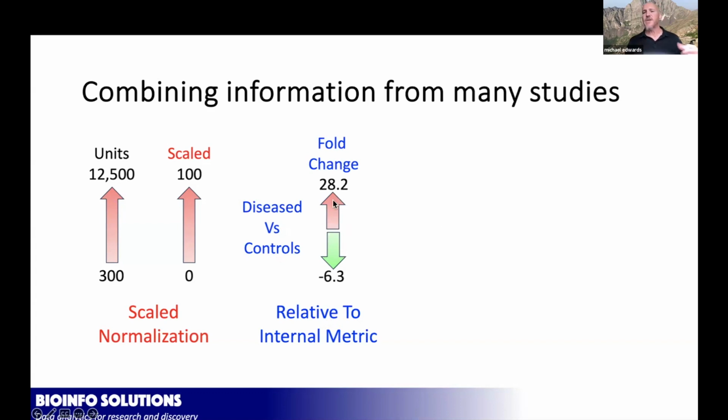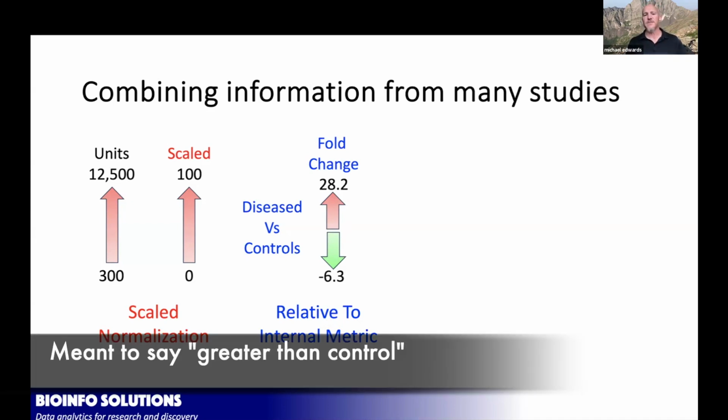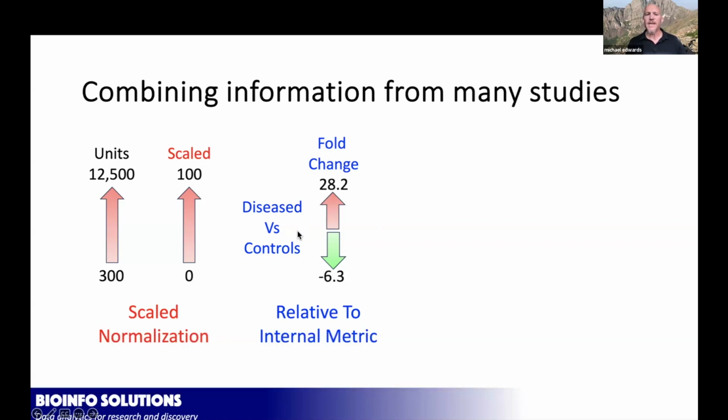So you could say, hey, we did this experiment, and this gene was 28 times greater than that gene, or less than. Again, this is a way to compare different studies. You have your internal control, these normal animals, and ask what the gene does relative to that.